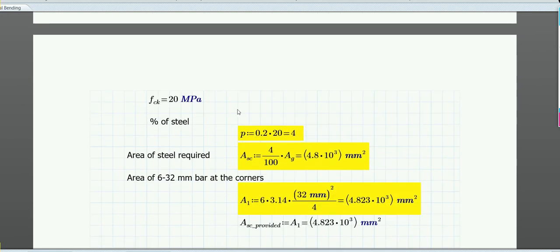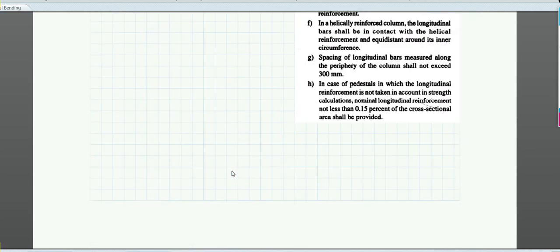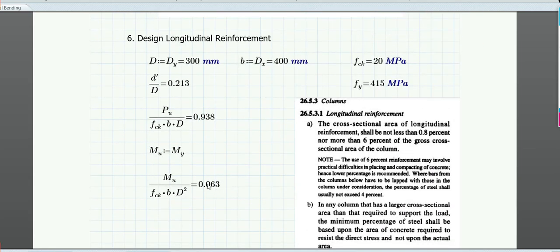So for fck 20, percent of steel is coming out to be 0.2 into 20, that is 4%. We had Mu by fck bd square as 0.063.